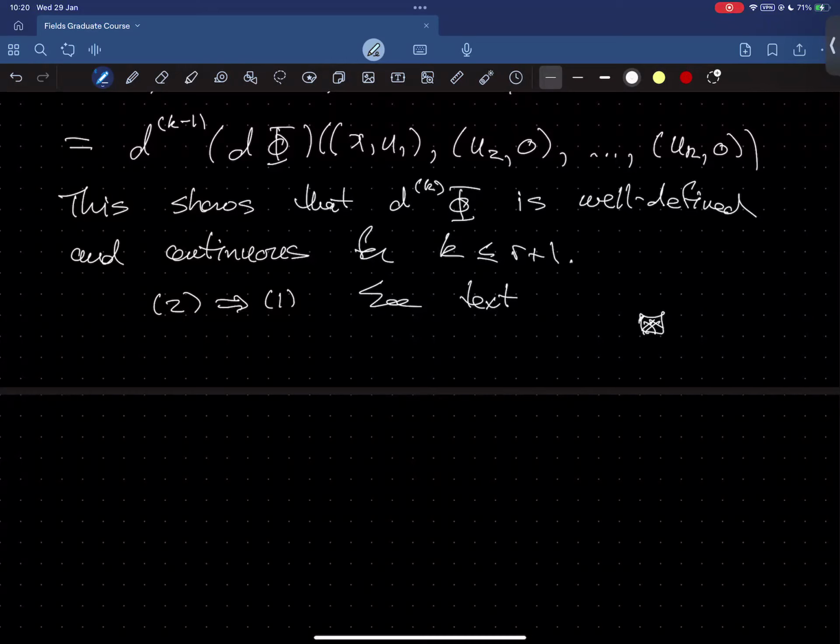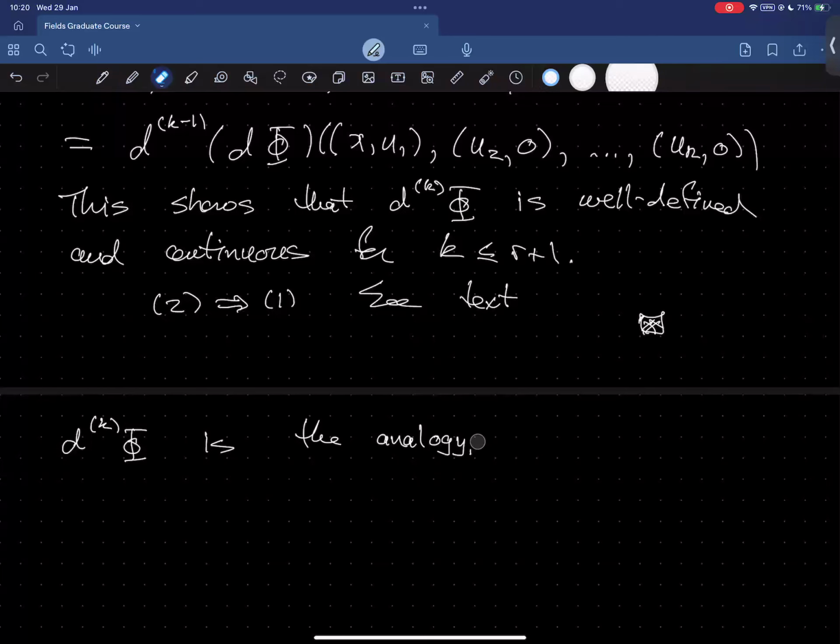So this is good because what this does is that dk phi is the analog of this dk phi, the higher order derivatives that you would have learned in your multivariable calculus course.